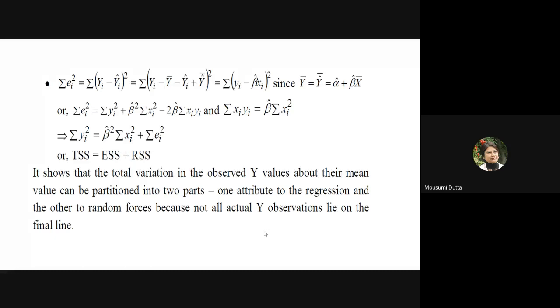This is equivalent to summation yi minus yi hat whole square. And already we checked this is equivalent to summation yi minus y bar minus within bracket yi hat minus y hat bar, or the way I have written, minus yi hat plus y hat bar, because y hat bar and y bar are equivalent. Okay.